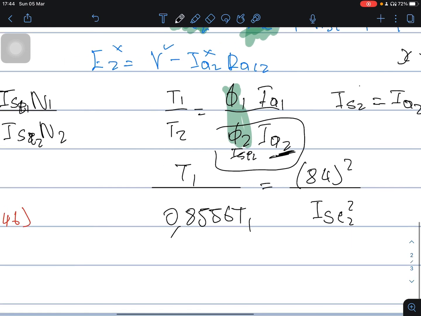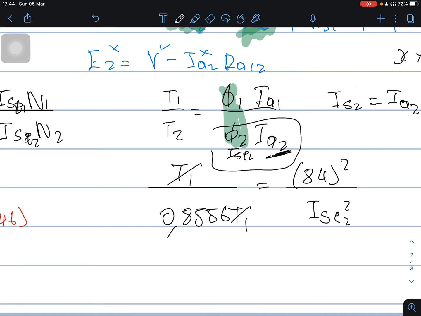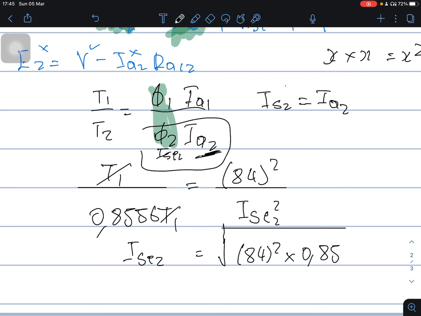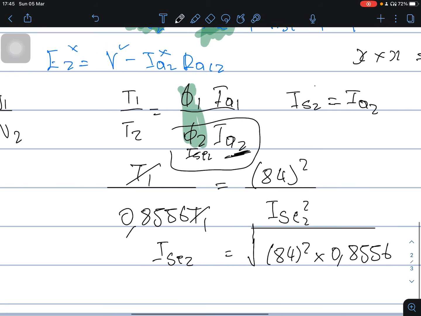So this and that cancel. Then we're going to cross multiply. I'm just solving for I series 2 here, which is going to be 84 squared times 0.8556.